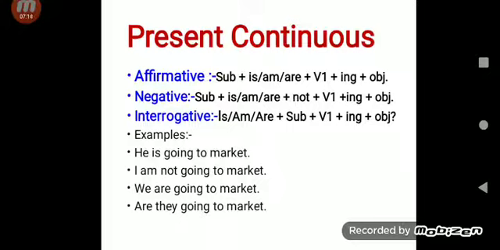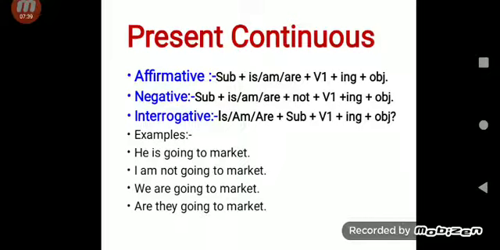Next, we are going to market. So here we is a subject, are is an auxiliary verb, go is the main verb plus ing, and then to market is object. Are they going to market?